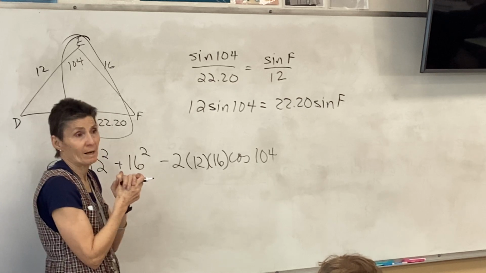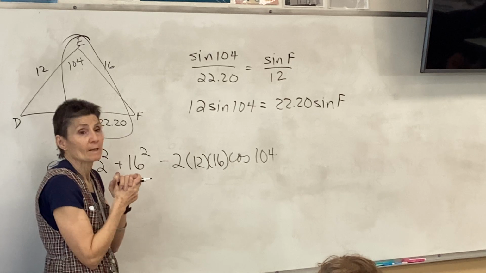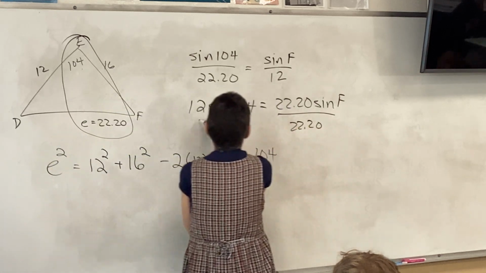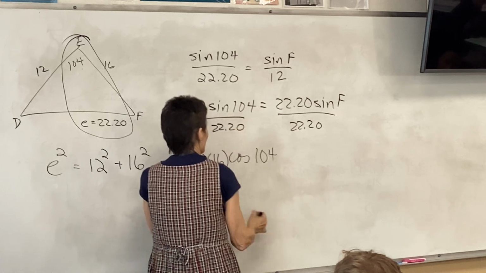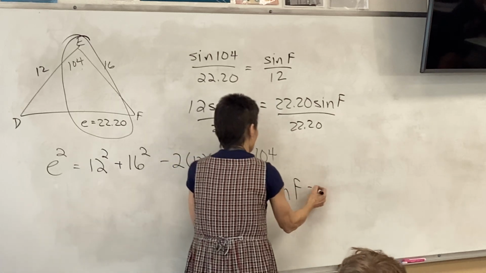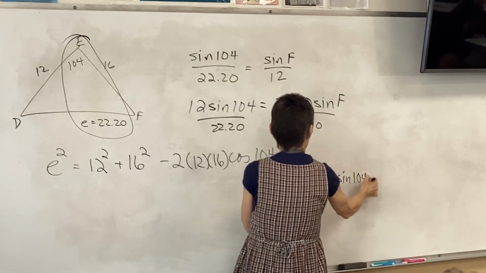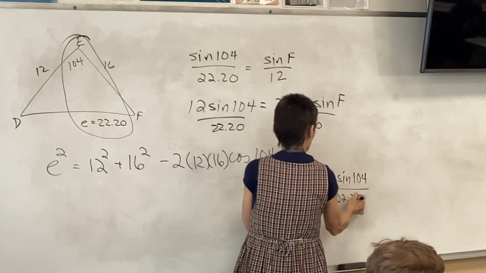What am I going to divide by in this problem? 22.20, exactly. So it's going to say sine F equals 12 sine 104 over 22.20.